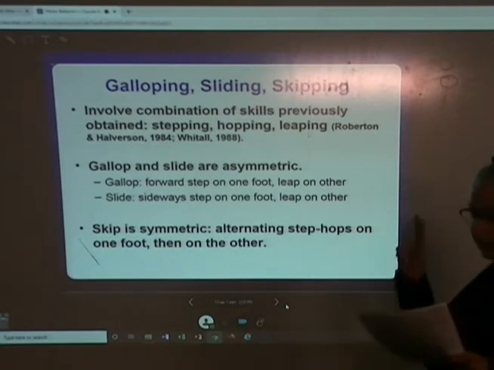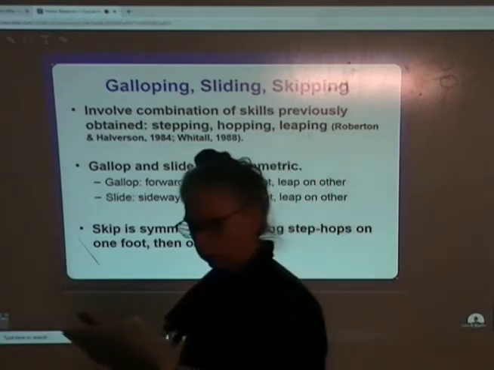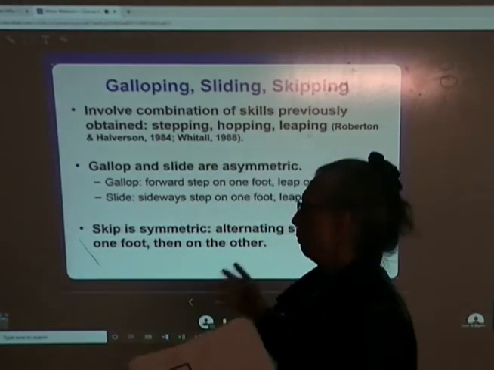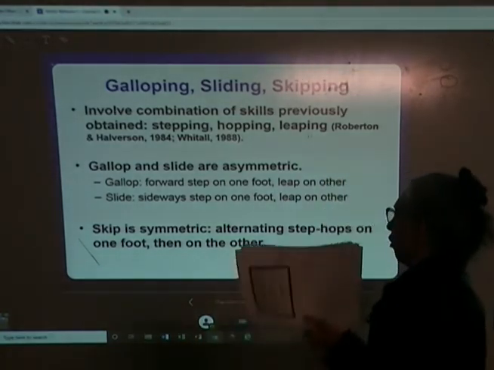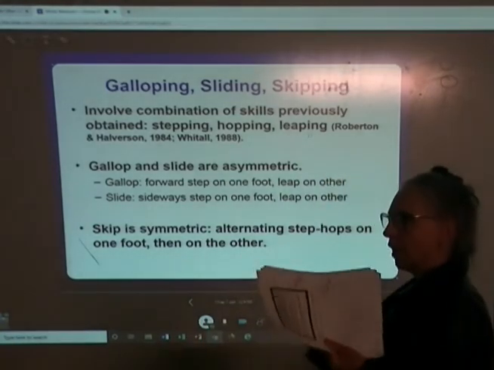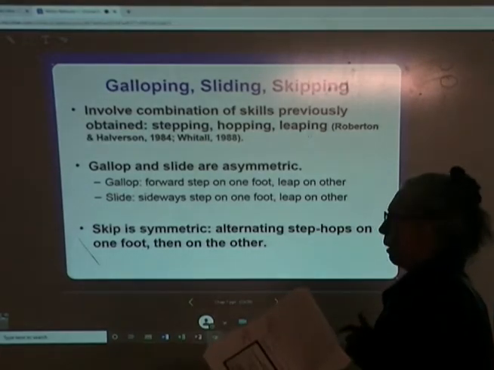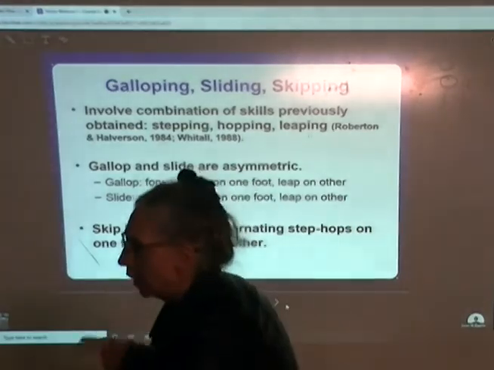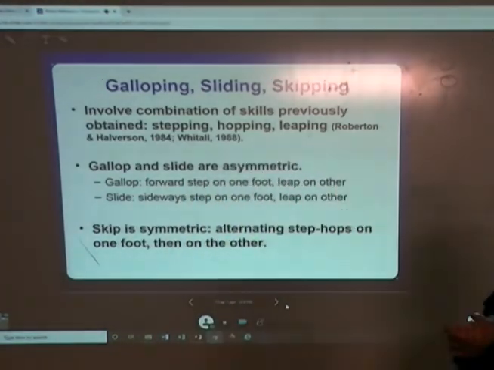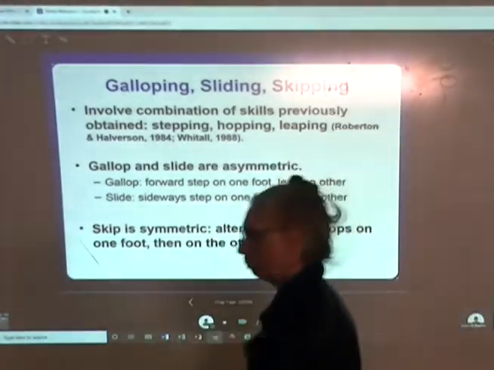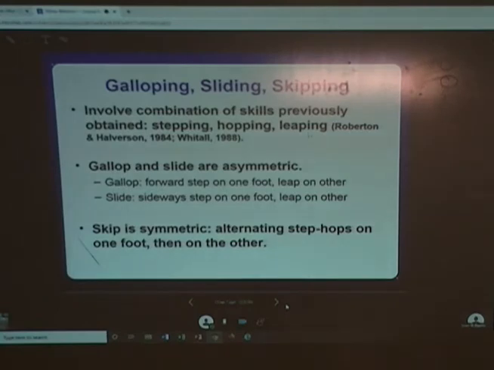Skipping is the last one to emerge, usually between 4 and about 7. Skipping is symmetrical because both legs do the same thing. So I step and I hop, I step and I hop, I step and I hop.